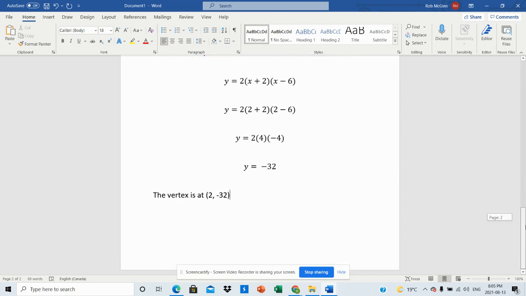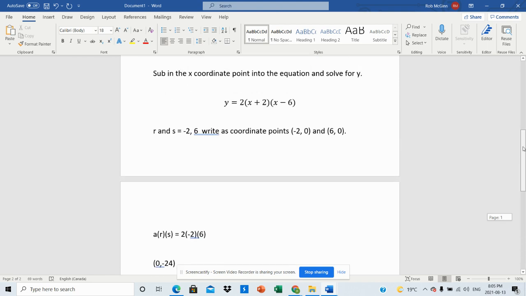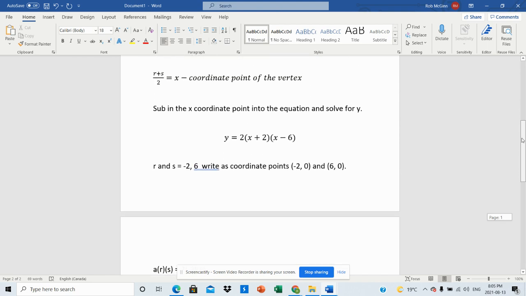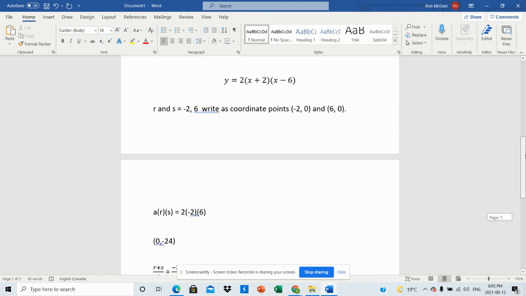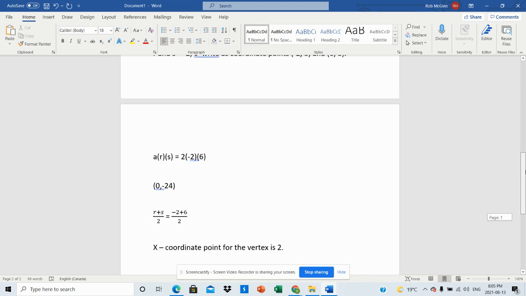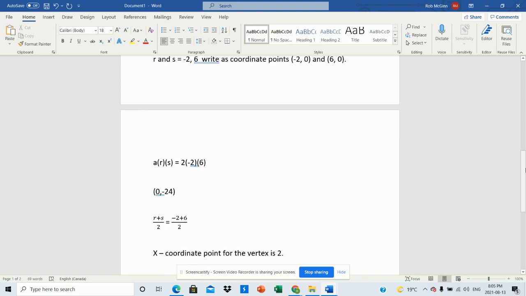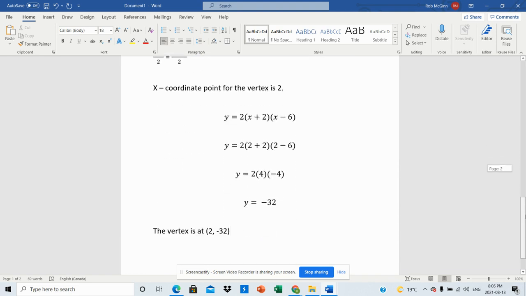And all the other information that we've got, we know that our x-intercepts are going to be at negative 2, 0, and 6, 0. We also know our y-intercept is going to be at 0, minus 24. And we can confirm this using Desmos.